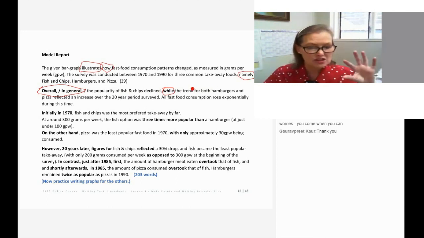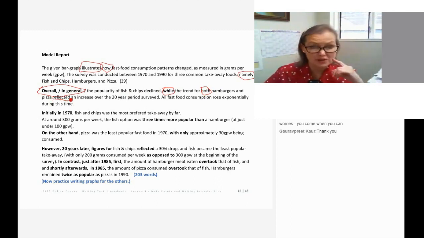And here I'm changing my part of speech. I'm taking my word popular, my adjective, and I am turning it into my abstract noun, the popularity of fish and chips. So if you want your 7, you're looking to show the examiner that you can actually change the part of speech.